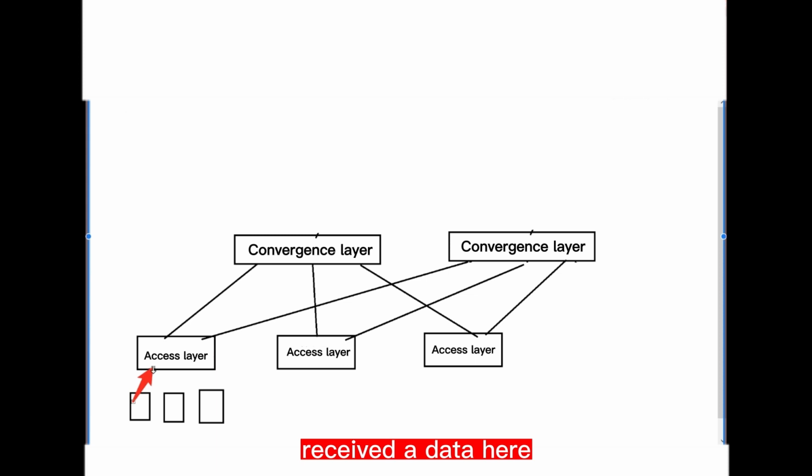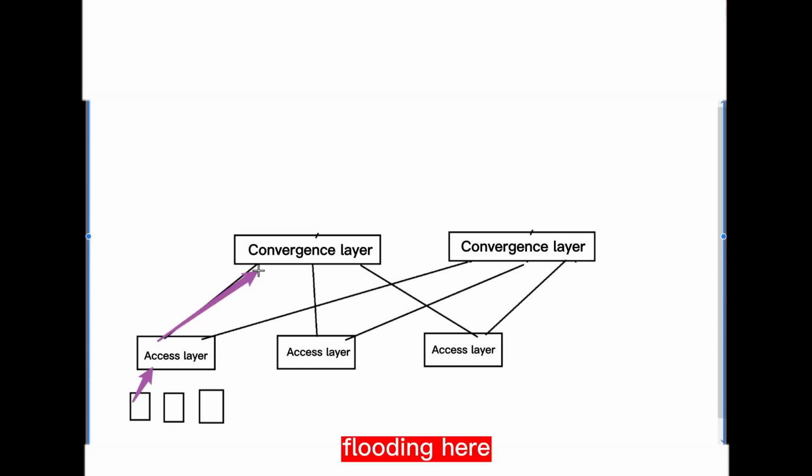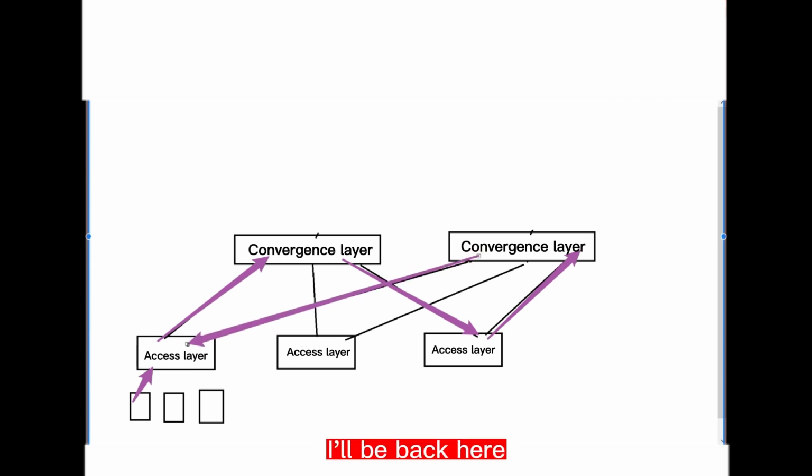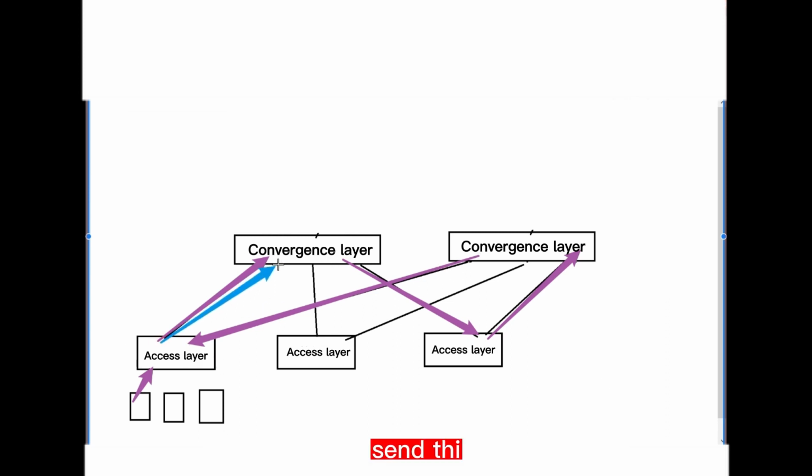In addition to this receiving port, other ports are flooding. Flooding here, here also flooding, still flooding here, and it comes back here. It's just one line. Let's see if the other lines come back. Send this, it also came back.